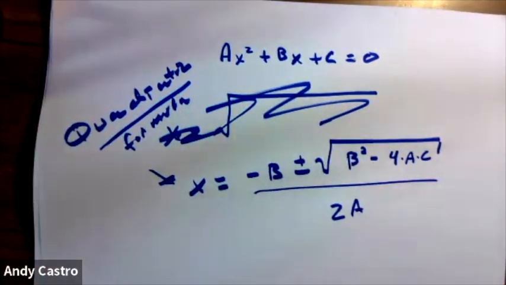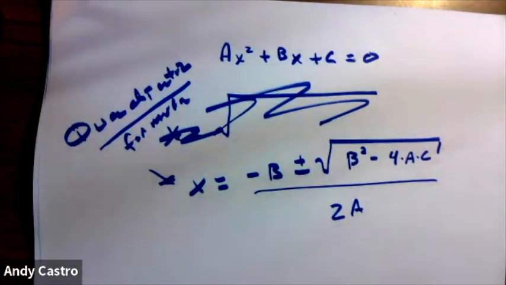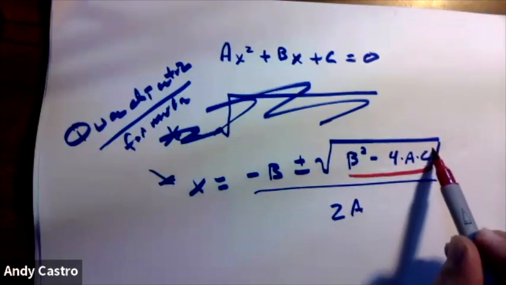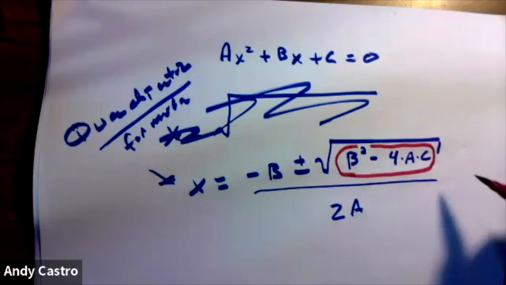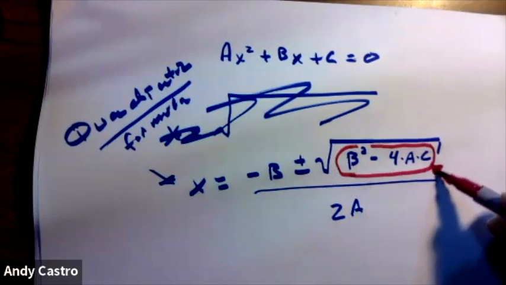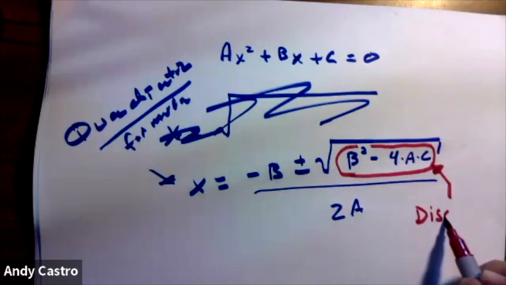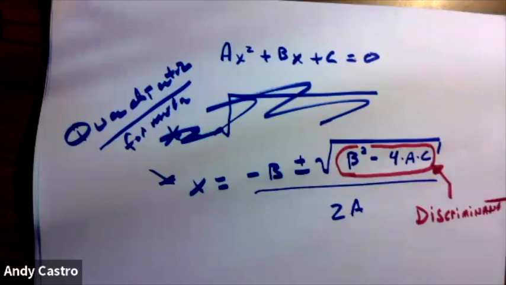But we do need to talk about special cases and how they emerge. So there's one part of the quadratic formula that is underneath the square root. That is specifically called the discriminant. The discriminant. Okay.